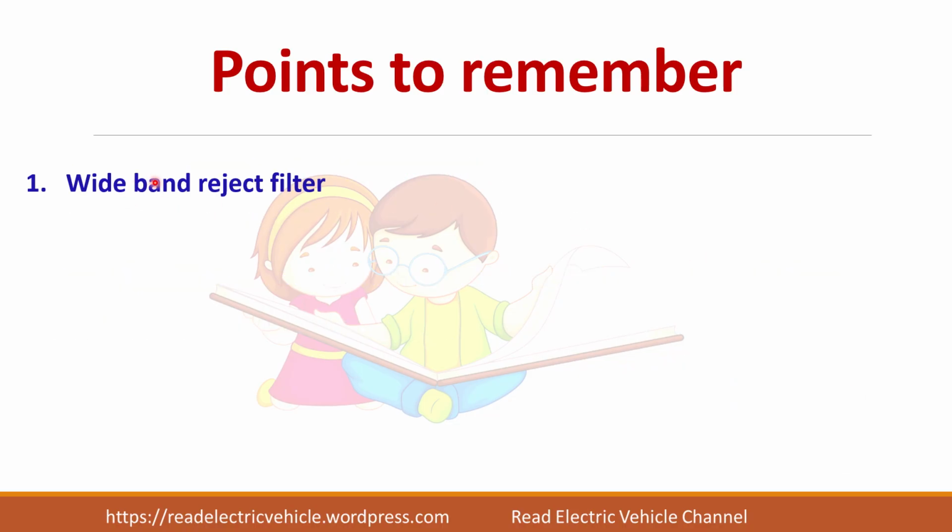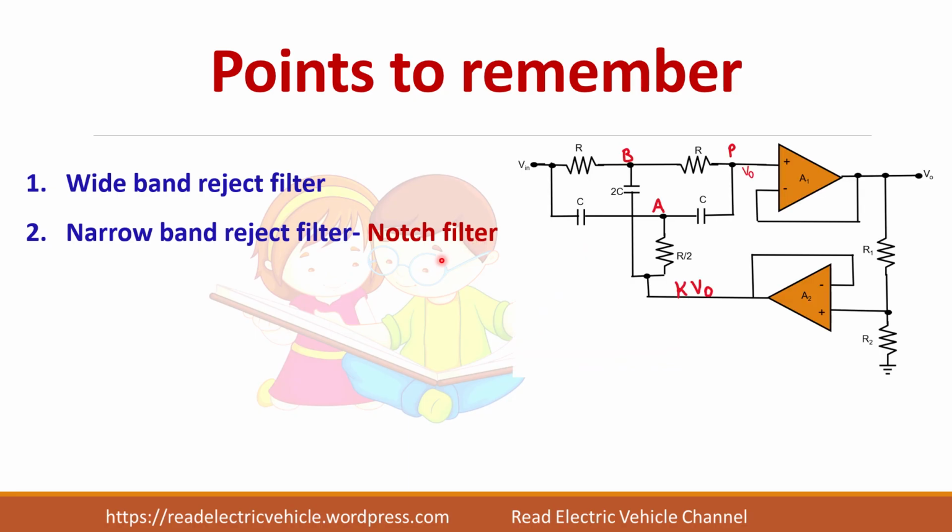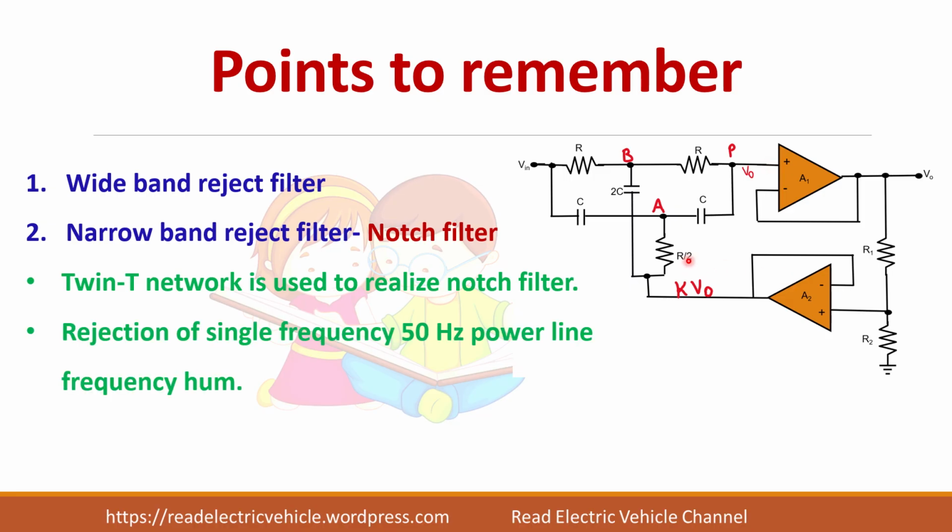There are two types of band stop filter, which are the wideband filter and the narrowband filter. The narrowband reject filter is also called a notch filter. It can be realized using this twin T network. It is mainly used for rejecting a single frequency component.